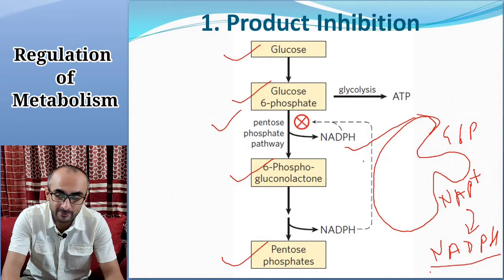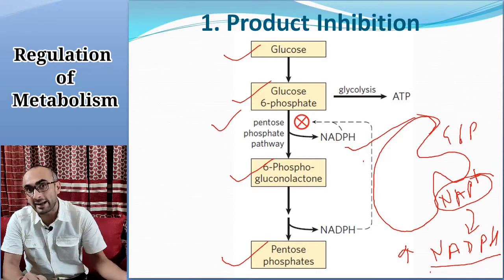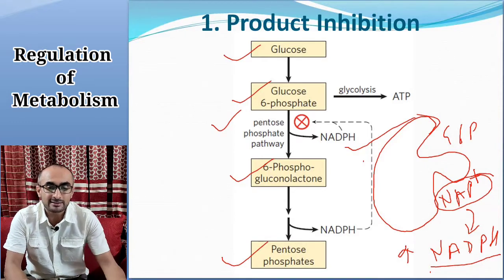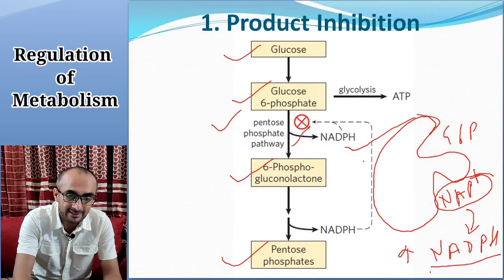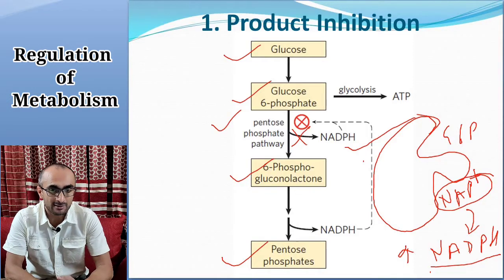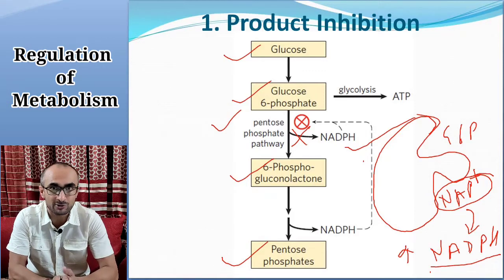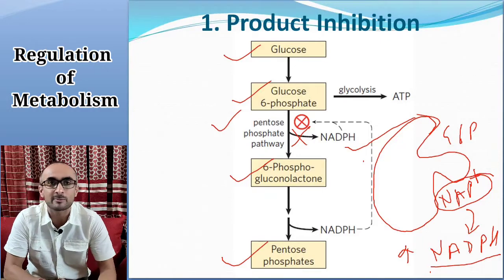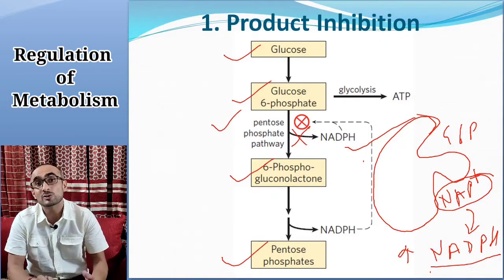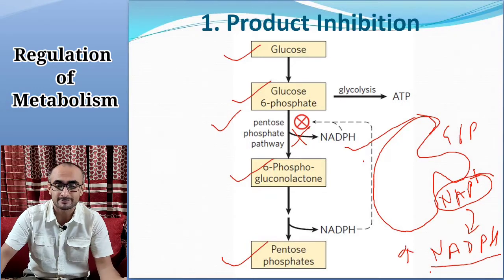It means when NADPH is in high concentration, it replaces NADP+ and does not allow NADP+ to bind to this enzyme. As a result, this reaction cannot proceed. So that's how NADPH, when present in high concentration, works as a competitive inhibitor, being a product of this same reaction. That's an example of product inhibition. That occurs in many cases in metabolic reactions. There are many enzymes which get inhibited by their own product when the product is there in high concentration.